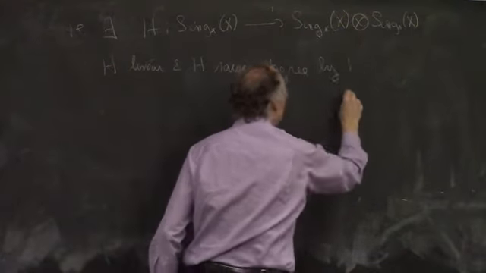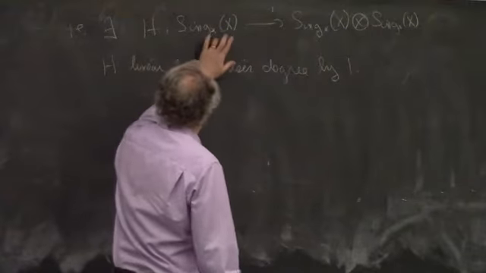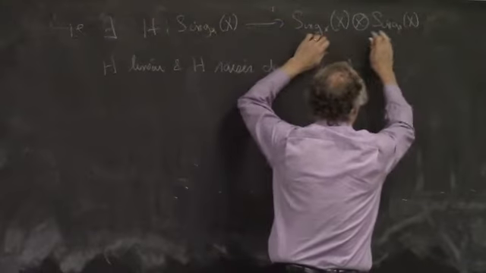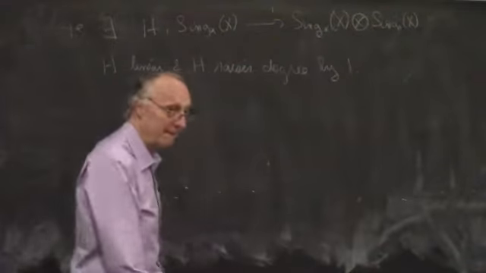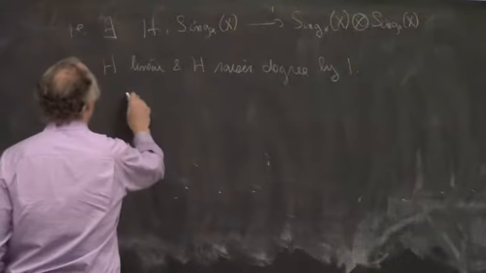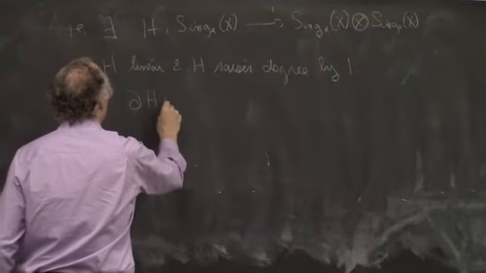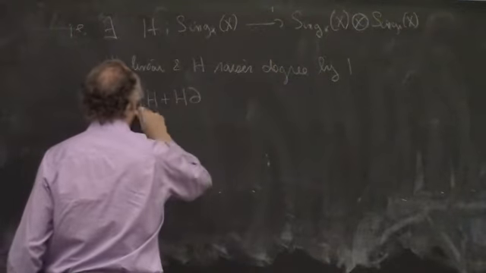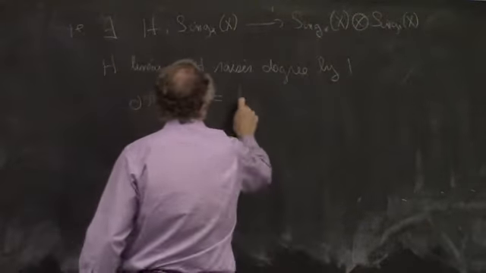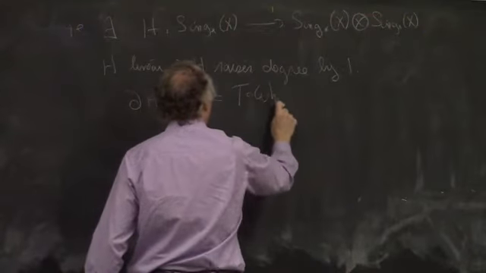It sends a K-chain to something where these two add up to K plus 1. And it's not a chain map. It satisfies the relationship boundary H plus H boundary is P composed with Whitney minus Whitney.